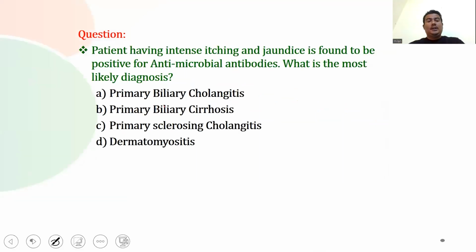Another question. A patient having intense itching and jaundice is found to be positive for antimitochondrial antibodies. What is the most likely diagnosis? The options are primary biliary cholangitis, primary biliary cirrhosis, primary sclerosing cholangitis, and dermatomyositis.